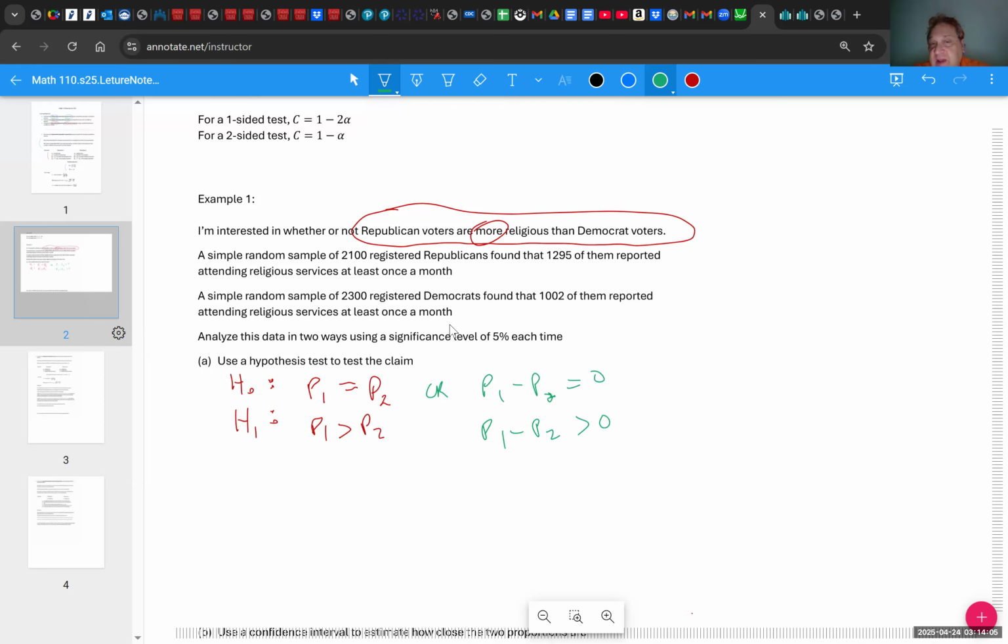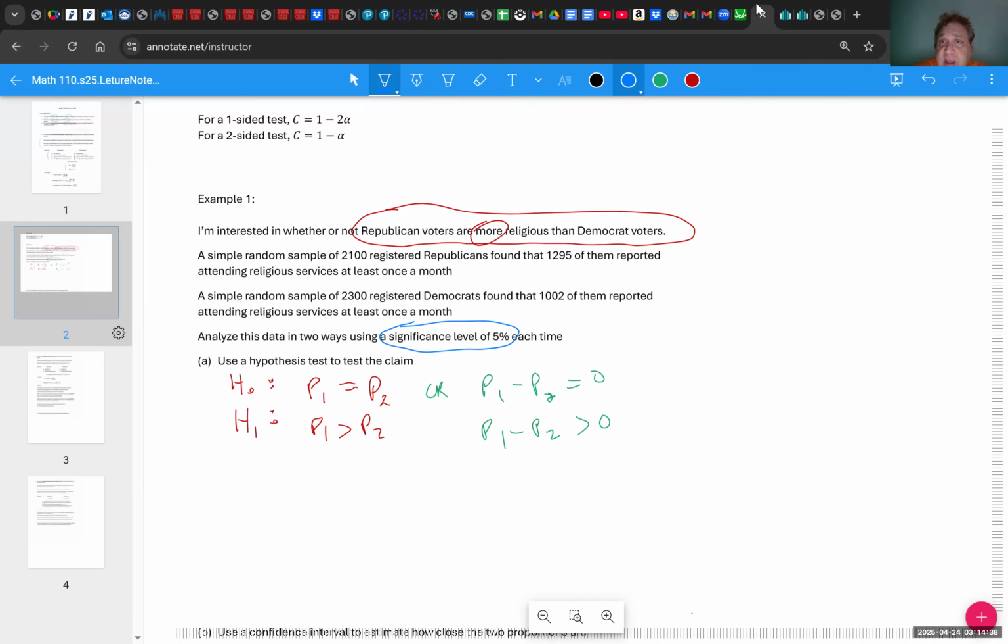And each of the successes, 1295 or 1002, and the failures are also bigger than 5, whatever the remainder from the 2,000 numbers. So we satisfy all the requirements for our formulas. And now we're going to try to do a hypothesis test at the significance level of 5%. So that's the setup for the situation, and we're going to be using StatCrunch to go ahead and do so. Significance level of 5%.